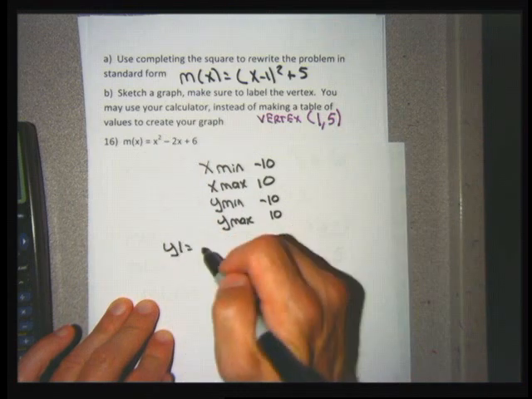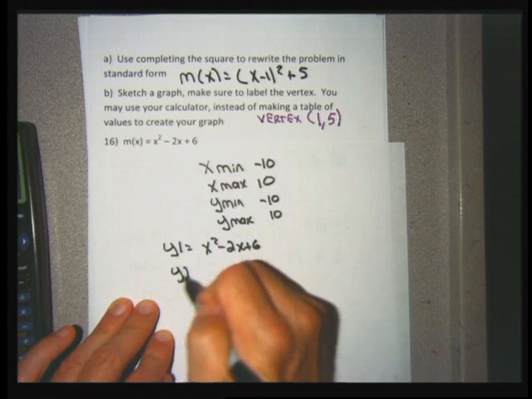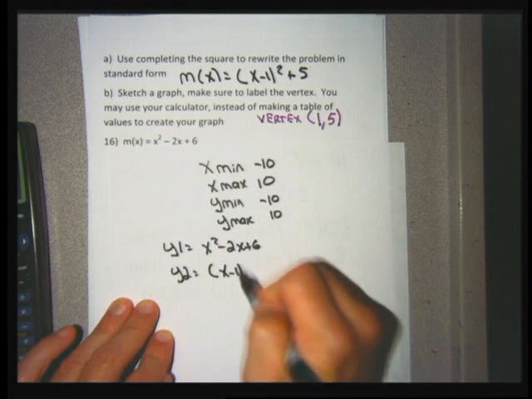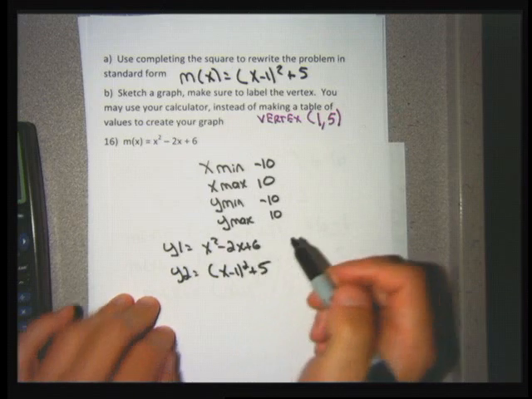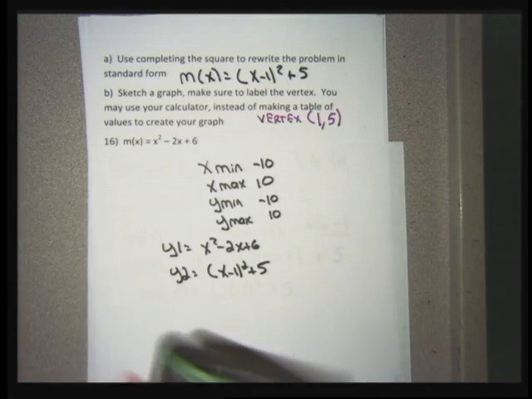I'm going to graph y1 as x squared minus 2x plus 6, and y2 as x minus 1 squared plus 5. Again, if I see two distinct graphs, then I've messed up, that my new equation doesn't equal my old equation.